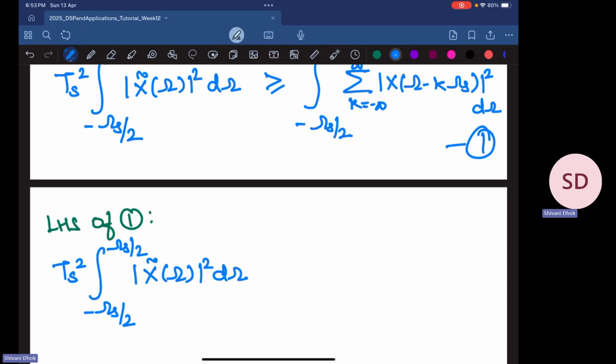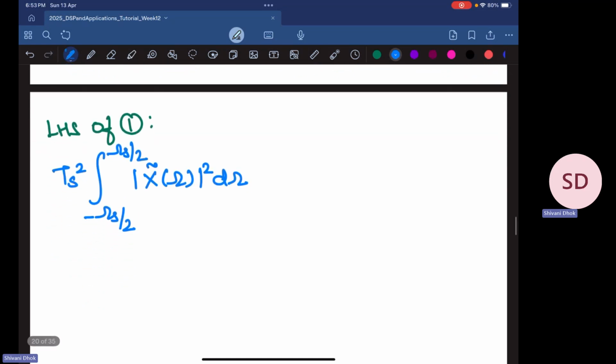Since we are integrating it over the unique range, this is greater than or equal to... just a moment.